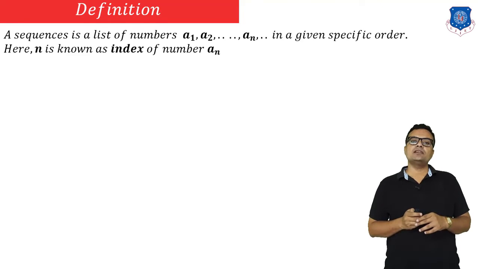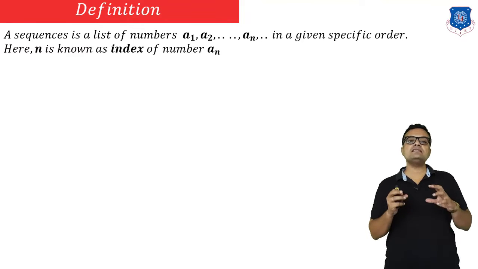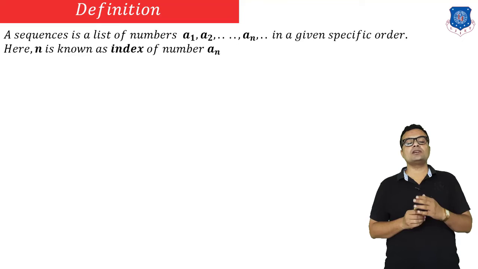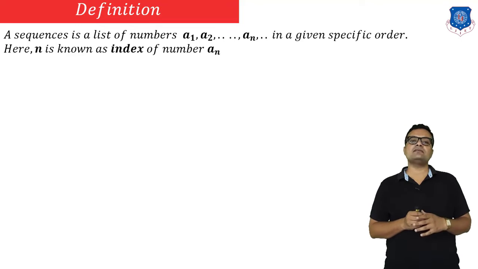Now what do we mean by this specific order? It means there is some relation between all these numbers. Like we can consider 30 or 31 days in the month, 7 days in a week. There is a particular order of days in a week, and this order is given by Sunday, Monday, Tuesday, and so on.